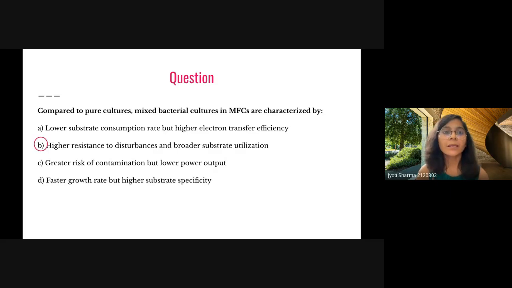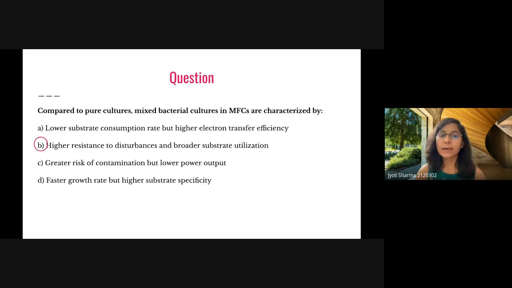This is something like in the forest, when we have different tree species, whatever disturbances we have due to, let's say, climate or fire, those disturbances will be resisted because we have a lot of plants or trees. The loss in one tree can be compensated by the benefit from another tree, and this is how it will balance those disturbances, right?